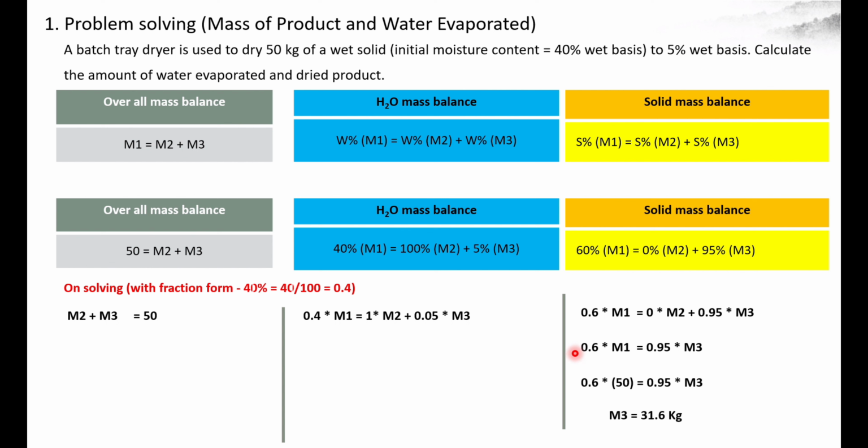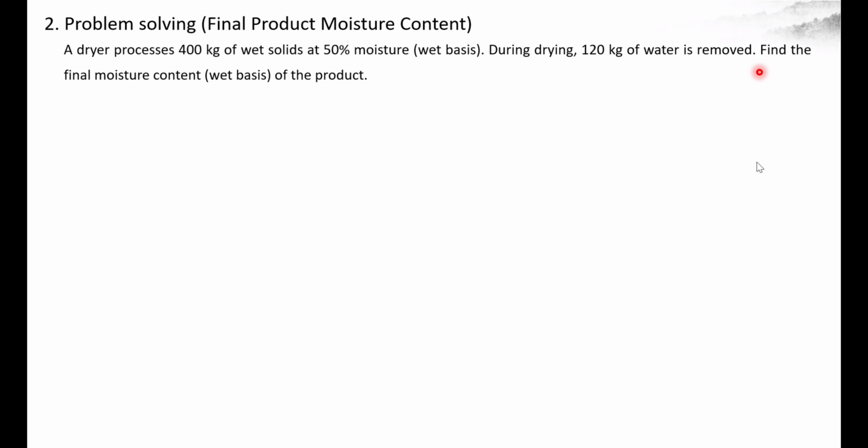Since the value of M1 is given in the question, I can substitute M1 as 50 and find the M3 value. So M3 comes to be 31.6 kg. Since I know the M3 value, I can substitute here and find the M2 value. So M2 plus 31.6 is equal to 50, and M2 would be 18.4 kg. Now we have found the amount of water evaporated and the dried product.